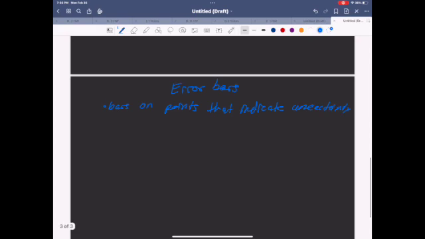Okay, moving on to error bars. These are pretty much give-me questions on the IB exam. They will come about mostly in the FRQ section. They're pretty much just bars on points that indicate uncertainty. Here is a picture of what they look like on a graph.